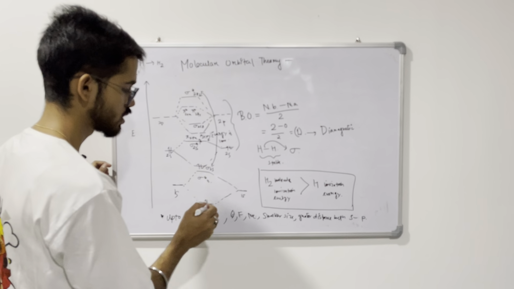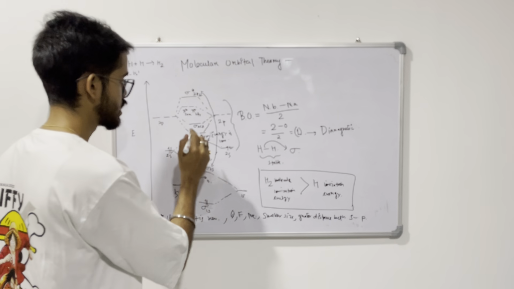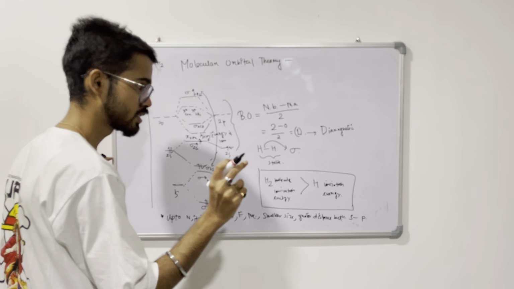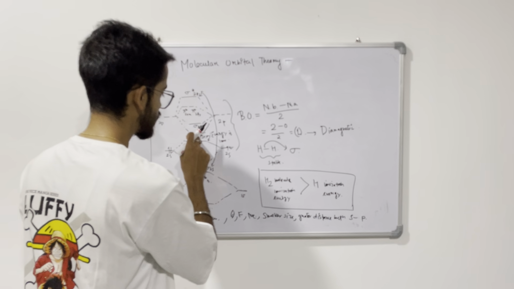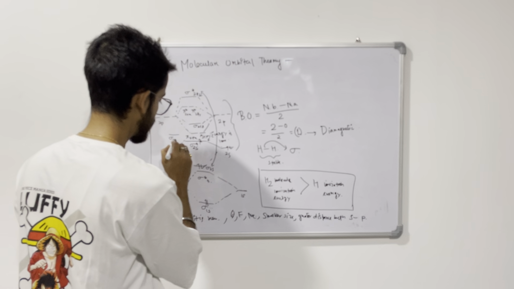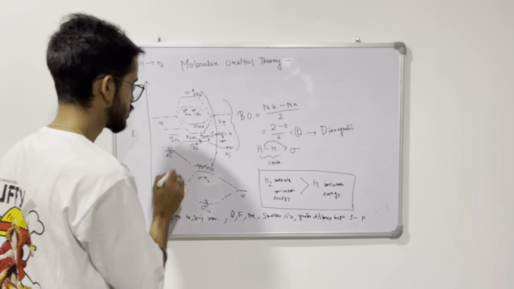So in case of oxygen, fluorine, neon, due to smaller size, these s and p do not mix. As a result, sigma 2pz is on the lower side, and pi 2px, pi 2py on the upper side.